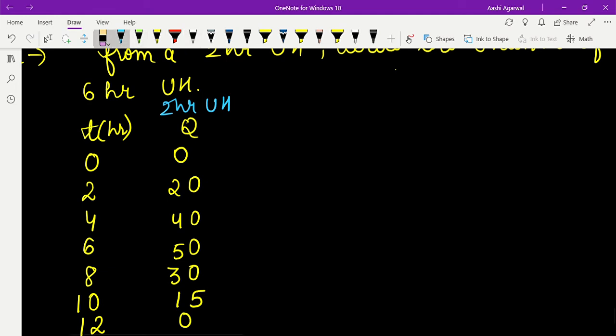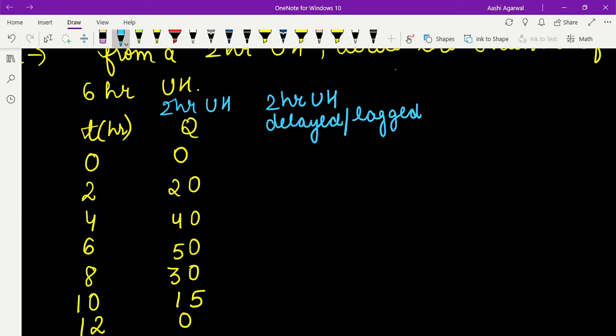Okay. Now here I will write that this is also a 2-hour UH but delayed or lagged by 2 hours. So what I will do, I will shift the ordinates by 2 hours. So how will I shift like this?